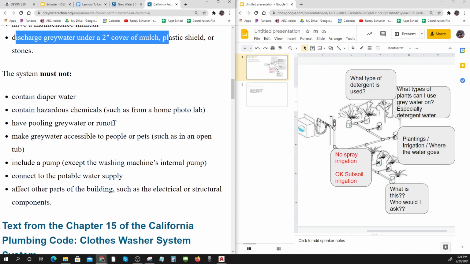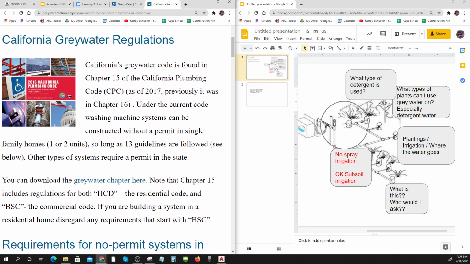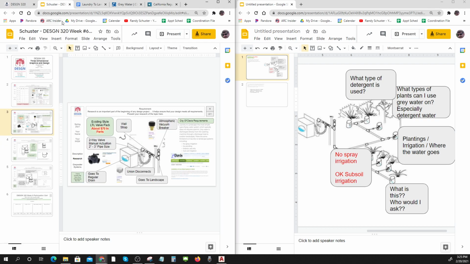And it cannot contain diaper water, hazardous chemical. Oh, so this is really cool. This is a really, really good one right here because it'll help you figure out. So you might want to make a copy of this and put it on your slide too. So somewhere you're going to keep a bunch of information that you can draw upon that will help you answer questions.